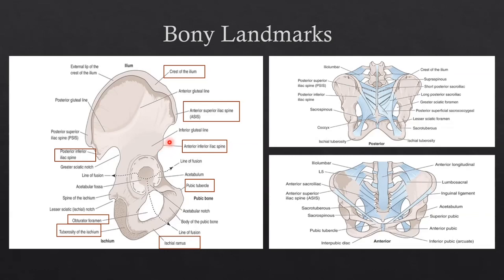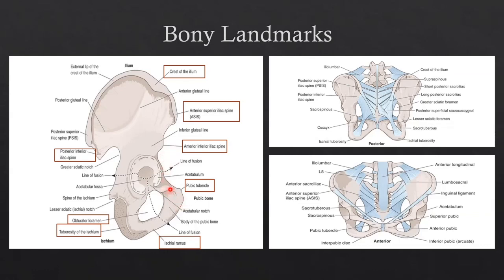Now, of that quadriceps group, the rectus femoris will originate on the anterior inferior iliac spine. And this is important because this is the only quadriceps muscle that attaches to this site. What this means is for hip flexion, the only muscle out of the quadriceps group that aids in hip flexion will actually be the rectus femoris directly.